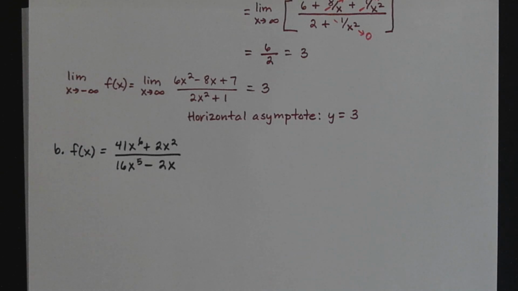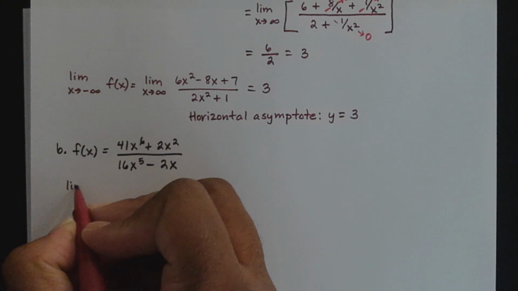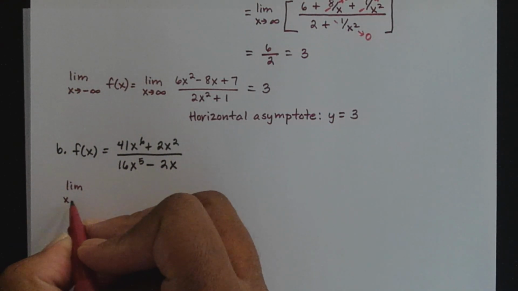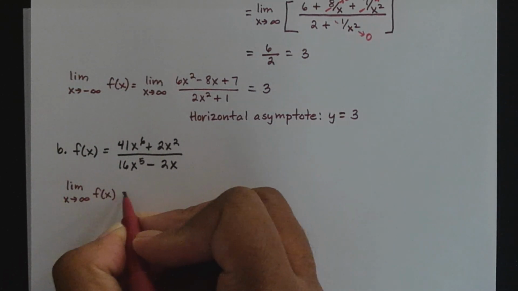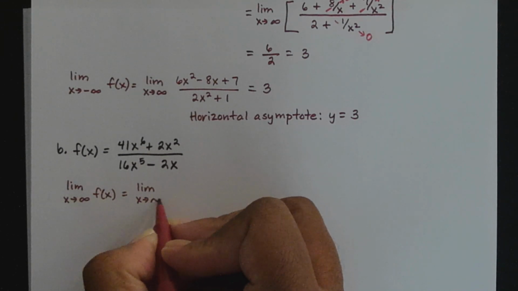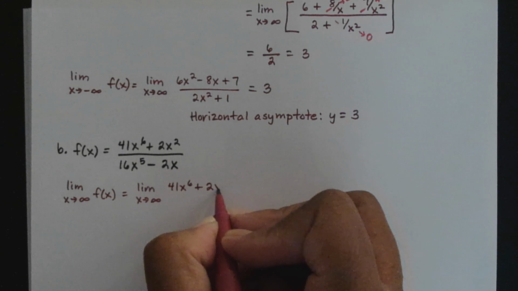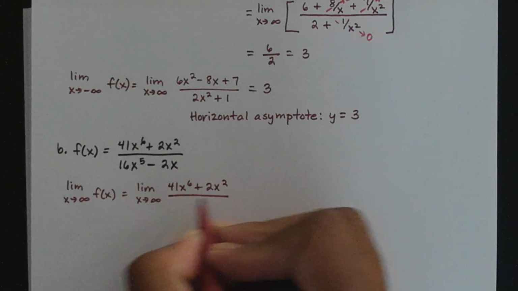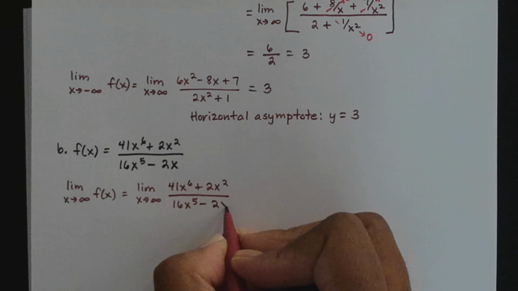So here we want to find the limit as x approaches infinity, and then the limit as x approaches negative infinity. So here we've got the limit as x approaches infinity of 41x to the 6th plus 2x squared divided by 16x to the 5th minus 2x.